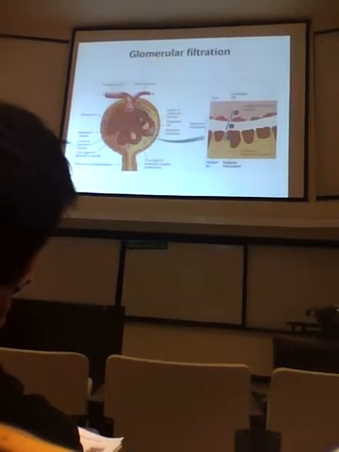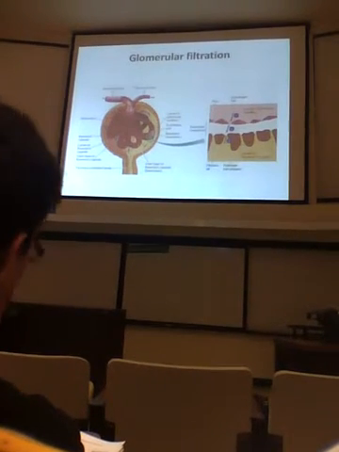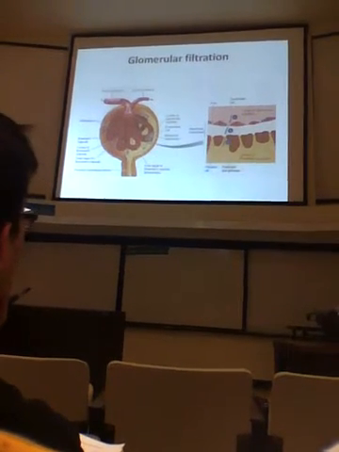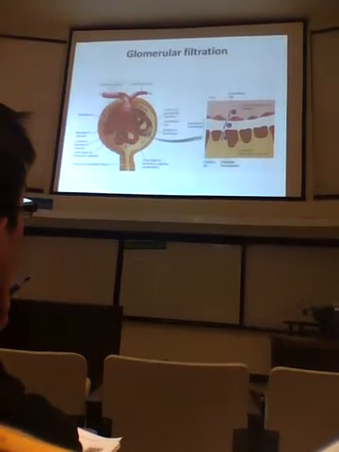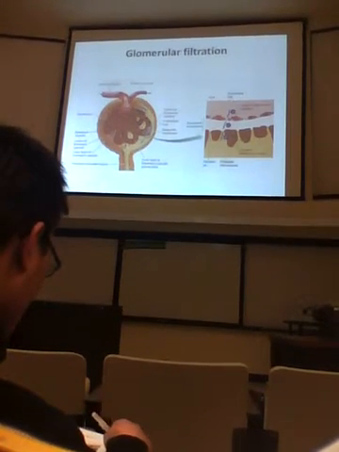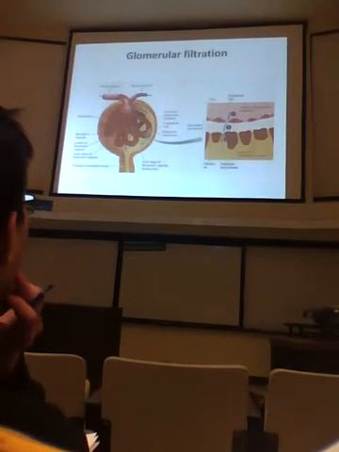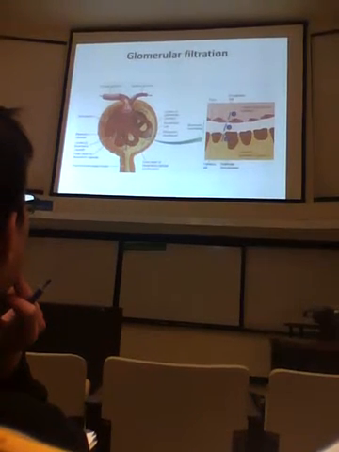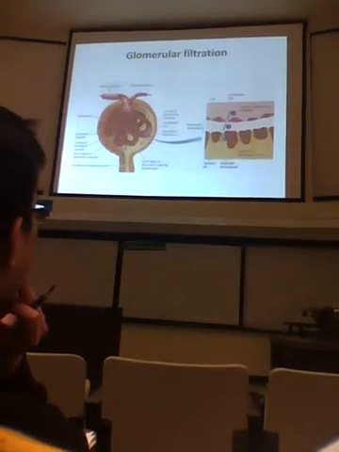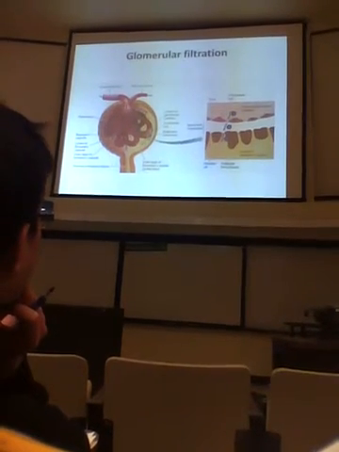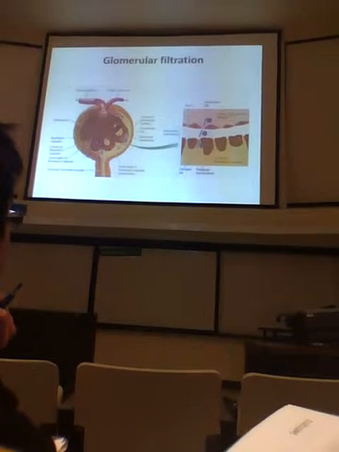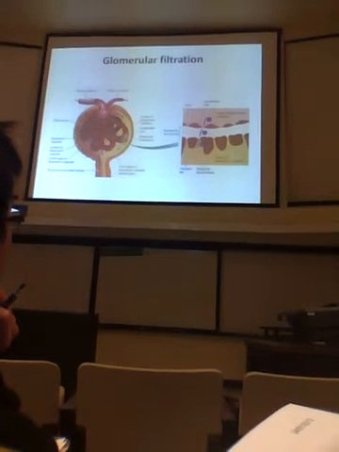If we look at one of these capillaries and the Bowman's space, here is the lumen of the glomerular capillary. Here are the cells lining the capillary. Remember, they're called endothelial cells. Here is our old friend the basement membrane, the external layer of these epithelial sheets.